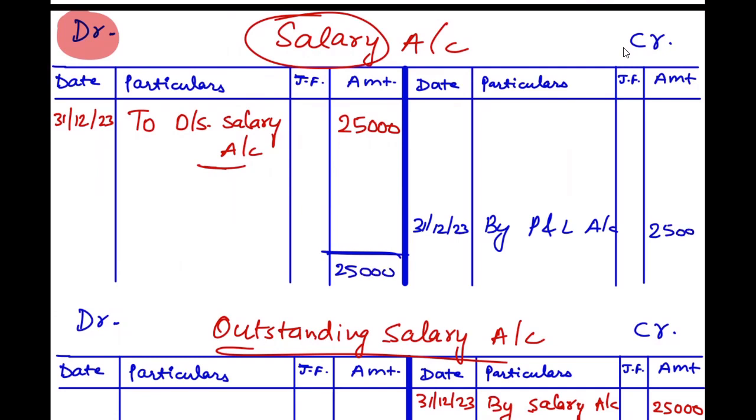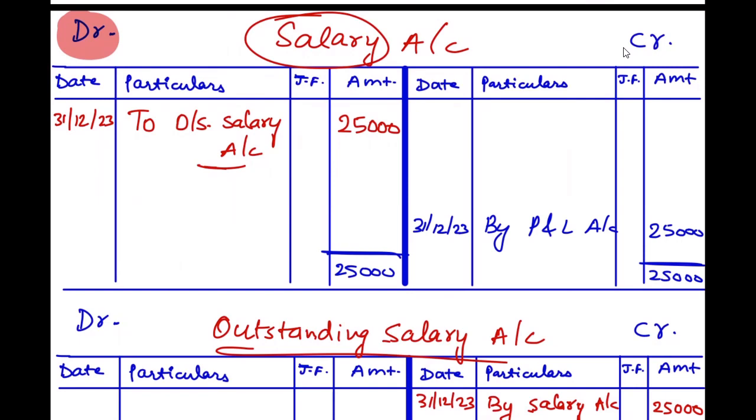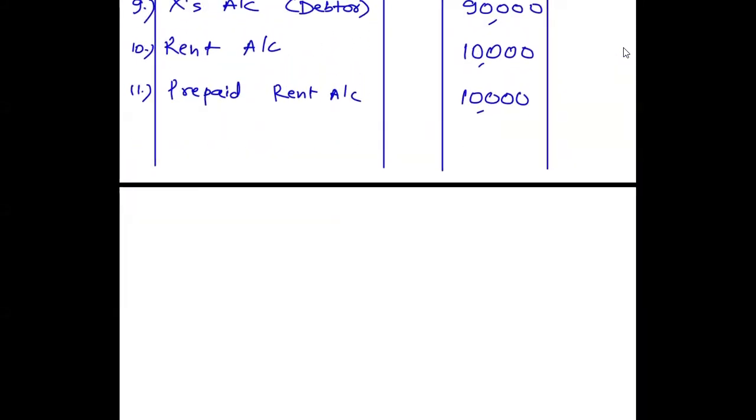So I will do the balancing on the credit side, that is 25,000, so that my ledger account matches. So do we need to match all the ledger accounts? The answer is yes. So I have a credit side 25,000 of salary account. So I will write on the debit side in my trial balance, salary account.